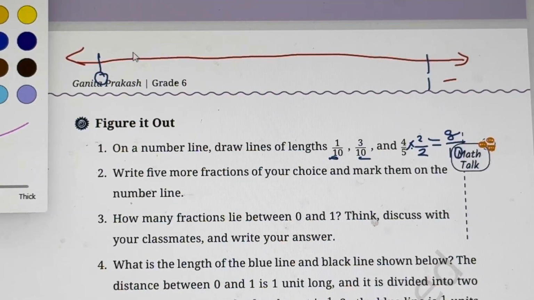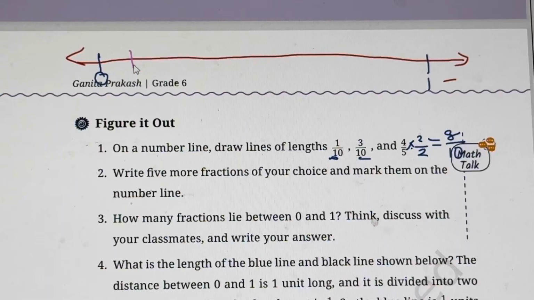If the denominator is 10, you will draw only 9 lines. 1, 2, 3, 4, 5, 6, 7, 8, 9 lines. When you draw 9 lines, you get 10 parts. Right? 1, 2, 3, 4, 5, 6, 7, 8, 9, 10.